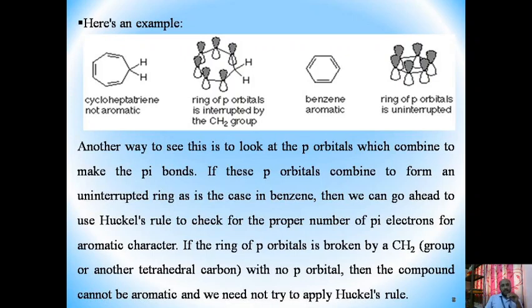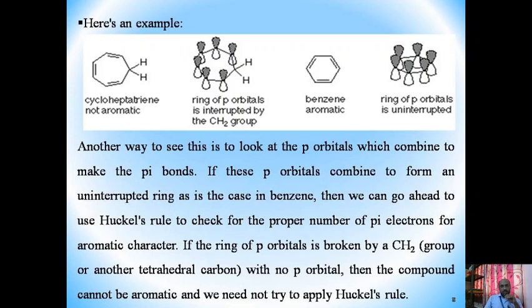Here's an example. Cycloheptatriene is not an aromatic compound. It does not follow Huckel's rule. And benzene is an aromatic compound because it follows Huckel's rule due to the presence of the pi electrons.